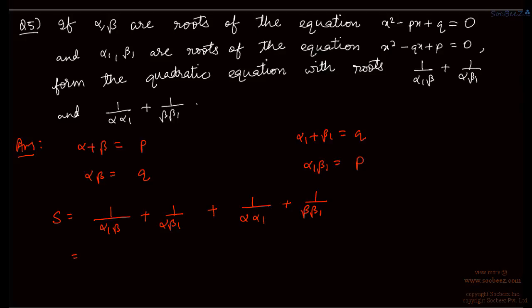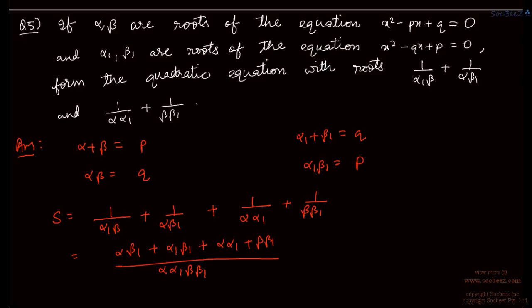So let's take the common denominator, and we have alpha beta 1 plus alpha 1 beta by alpha 1 beta 1. Here also we'll have the same thing, so we can just add everything in the numerator, and I have alpha 1 plus beta 1 by alpha 1 beta 1.